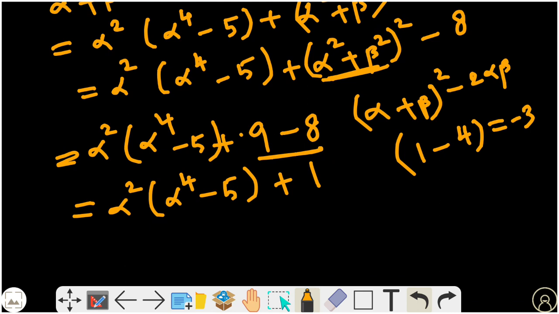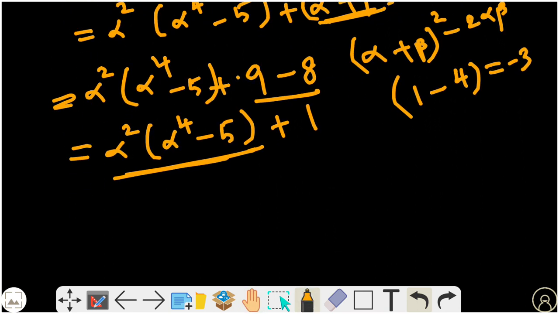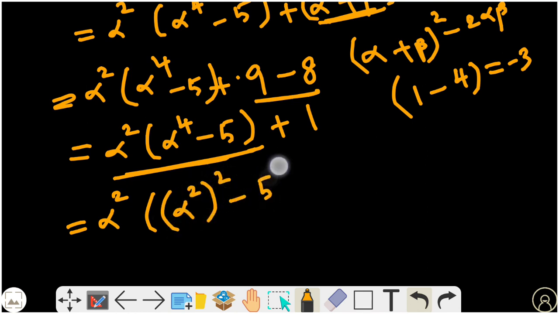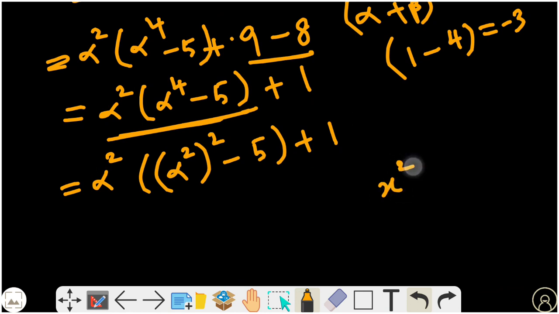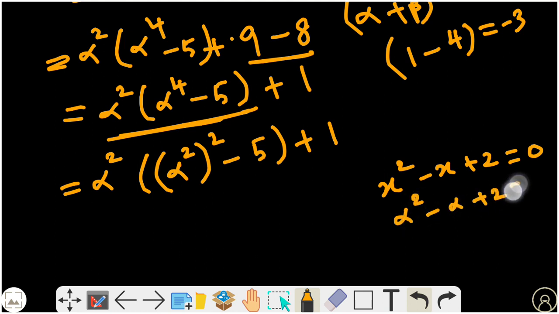Now we have to solve these terms. Look again: still it is alpha square, and alpha power 4 can be written as alpha square the whole square, minus 5 plus 1. Next, we all know that our equation is x square minus x plus 2 equal to 0. So alpha is a root, so alpha square minus alpha plus 2 equal to 0.